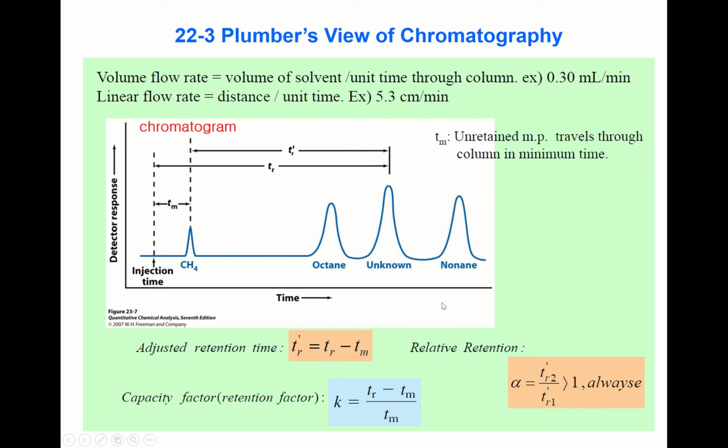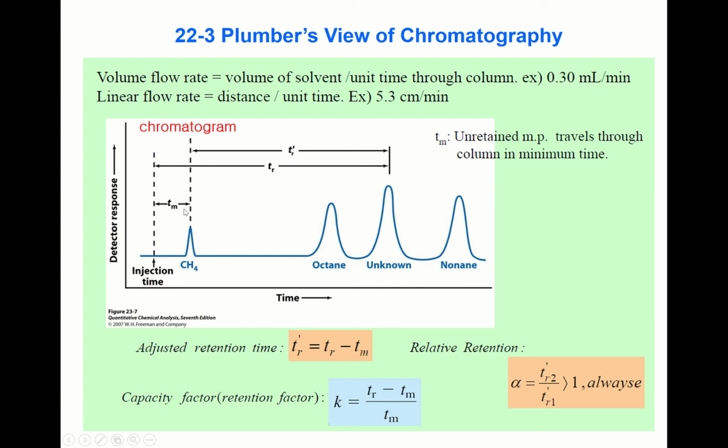From here we can define several terms. The adjusted retention time Tr prime is Tr minus Tm. In this figure, although the retention time of this unknown is Tr, every peak contains Tm.